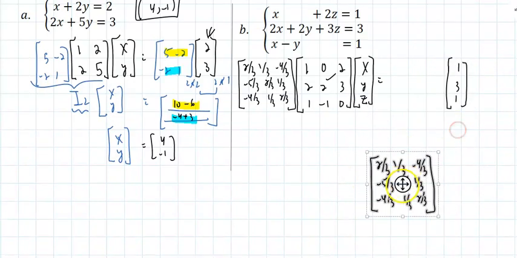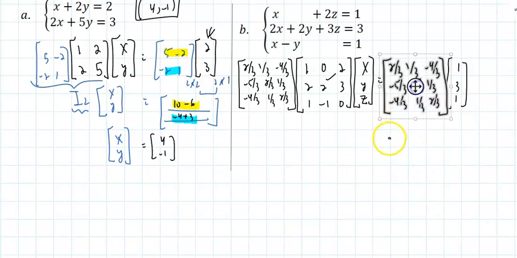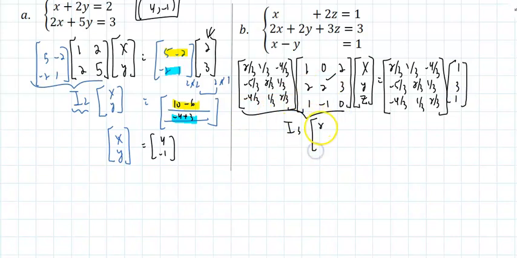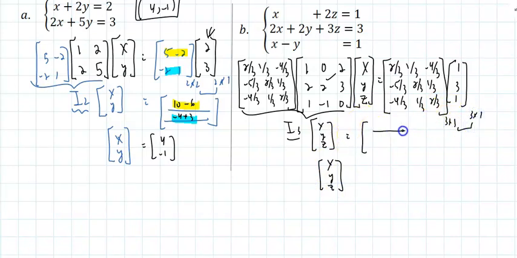As far as the left side, it's going to say on the exam, even if you didn't know how to find the inverse, use any matrix as the inverse. I just want to know that you know how to do this. This is the identity for a 3 by 3. And the identity times any matrix is the matrix. The right side, this is 3 by 3. This is 3 by 1. They match. So this is going to be 3 by 1.